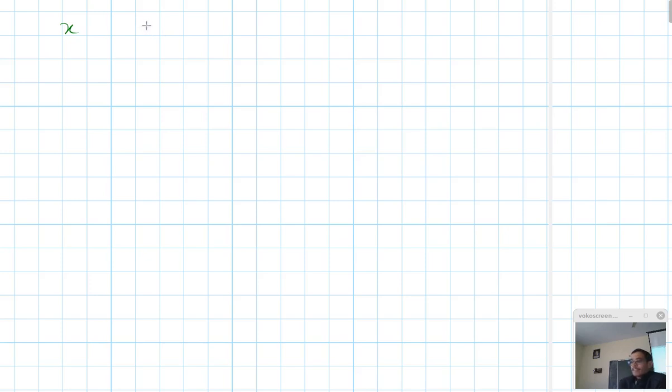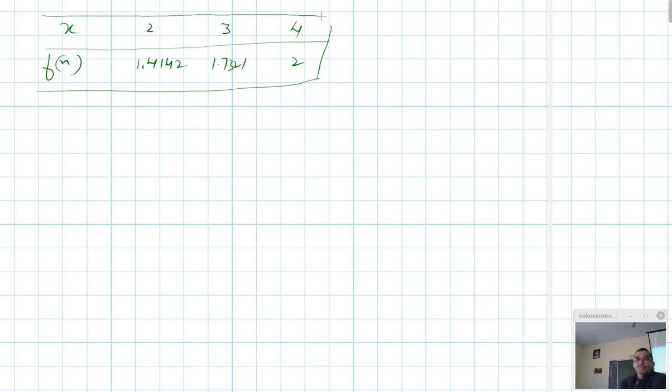So x is 2, 3, 4, and corresponding f of x is 1.4142, 1.7321, and 2. We are interested to find P2 at 2.5.